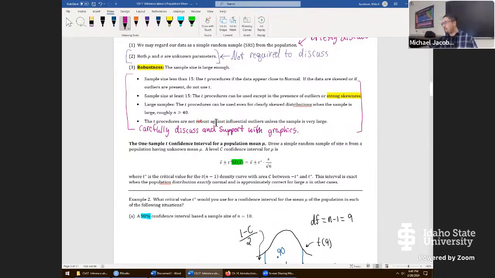So if we have really large outliers, or a huge amount of skew, then your sample sizes are not going to be robust enough unless you have huge sample sizes. Think 200 samples or more for a huge amount of skew. But that's our conditions, and we're about to take a look at those in our problem down below.